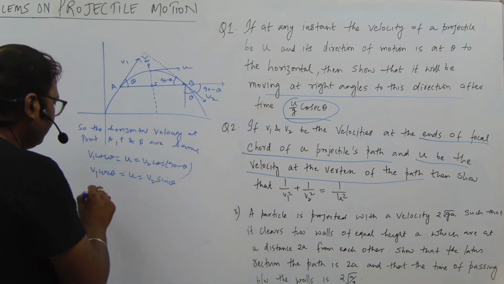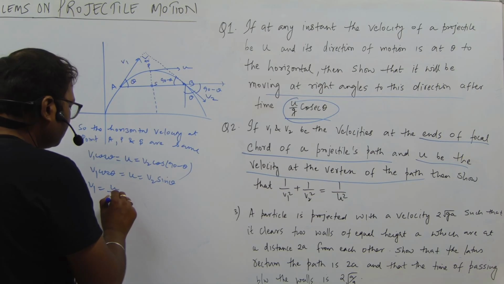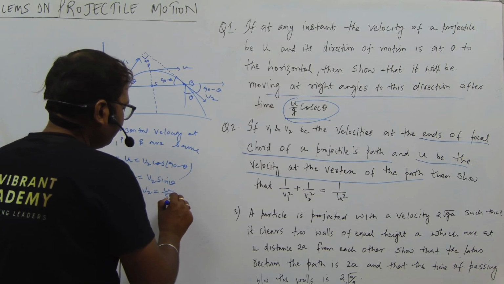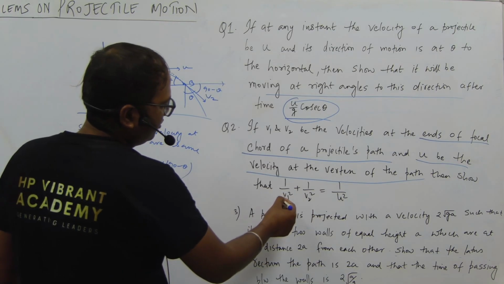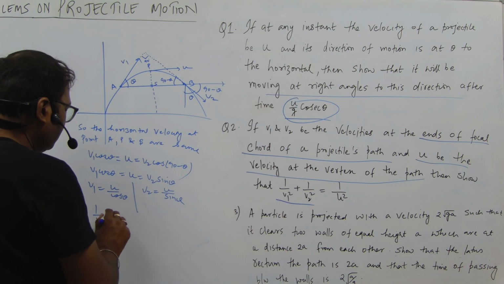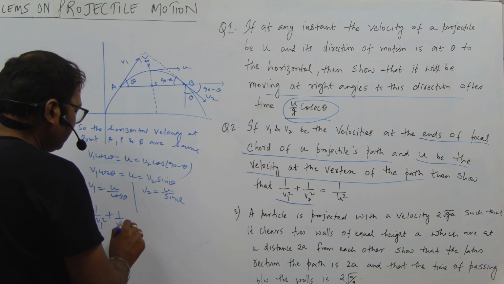So V1 is equal to U upon cos theta and V2 is equal to U upon sin theta. What we have to find is 1 upon V1 square plus 1 upon V2 square.